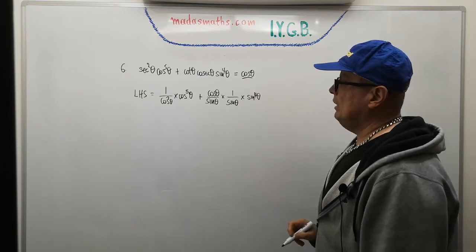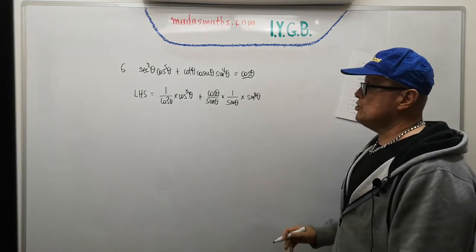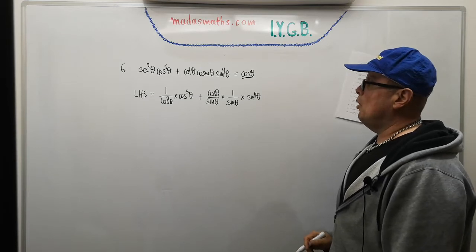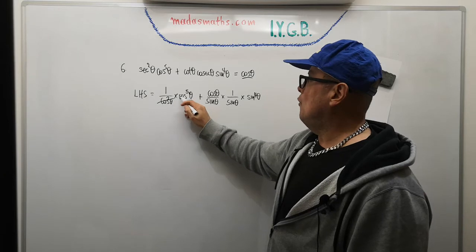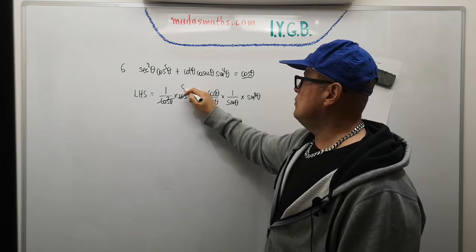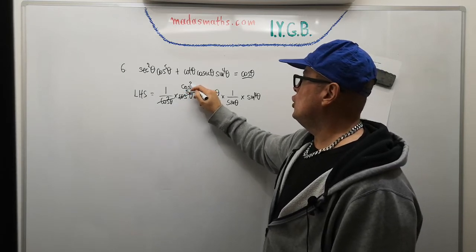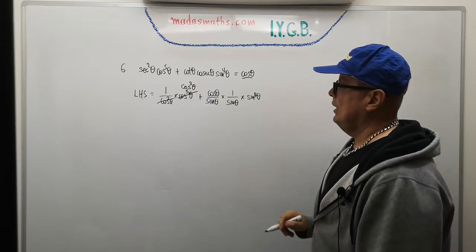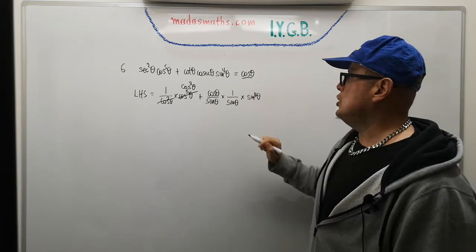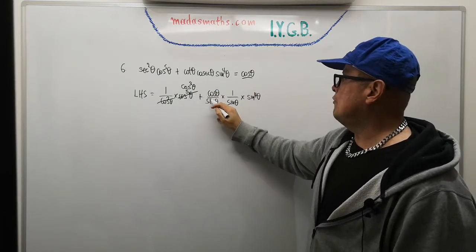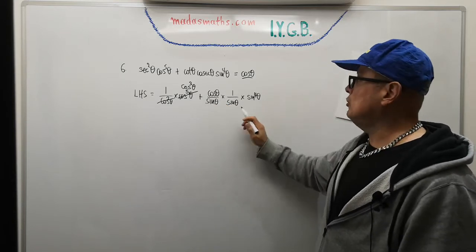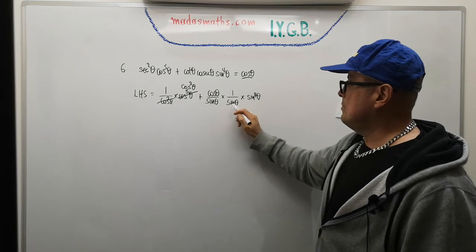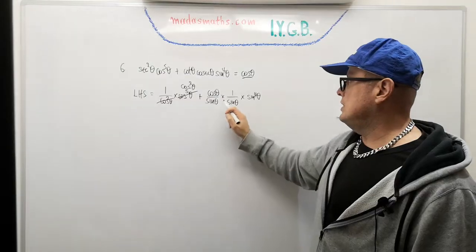I'm not going to be showing in between steps. I think we should be able to see some obvious cancellations. So first of all, the cos squared of theta will cancel that, and it will change it into a cos cubed of theta. And on this particular term, I've got a sine squared at the bottom: sine of theta times sine of theta, sine squared of theta.